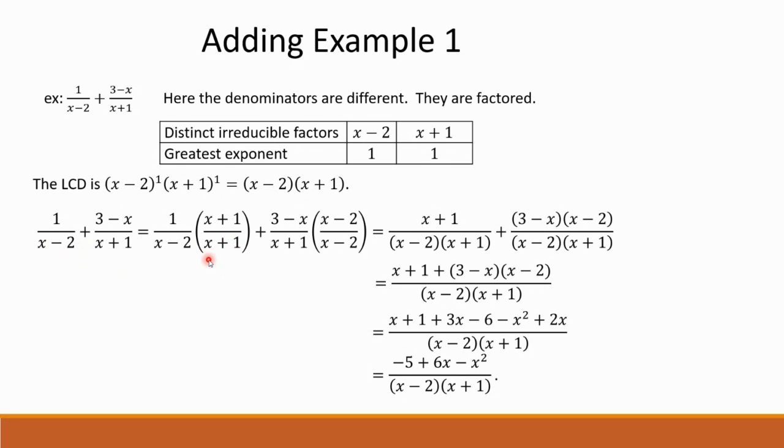But again, whatever you do to the bottom, you do to the top, and that's what I'm doing here. And this actually becomes this. So now the denominator is this. Notice also that for the second one here, the denominator is missing the x minus 2. No big deal. We just multiply by it, and also the top by it as well. And we get this.